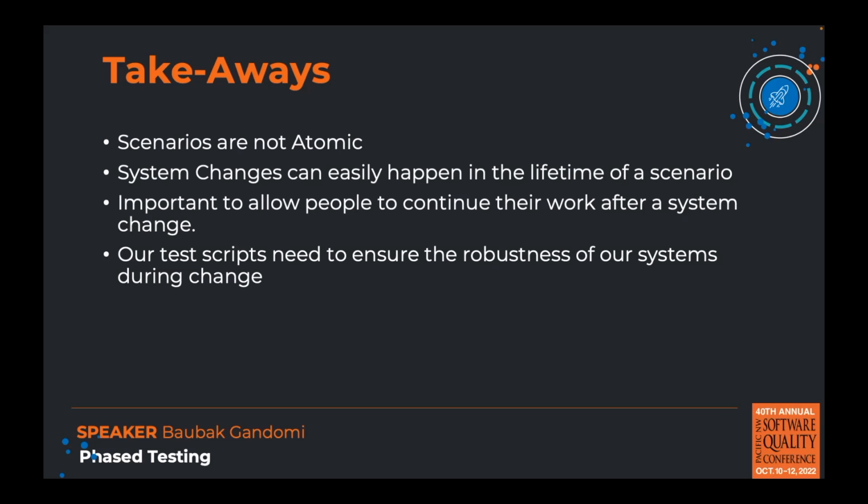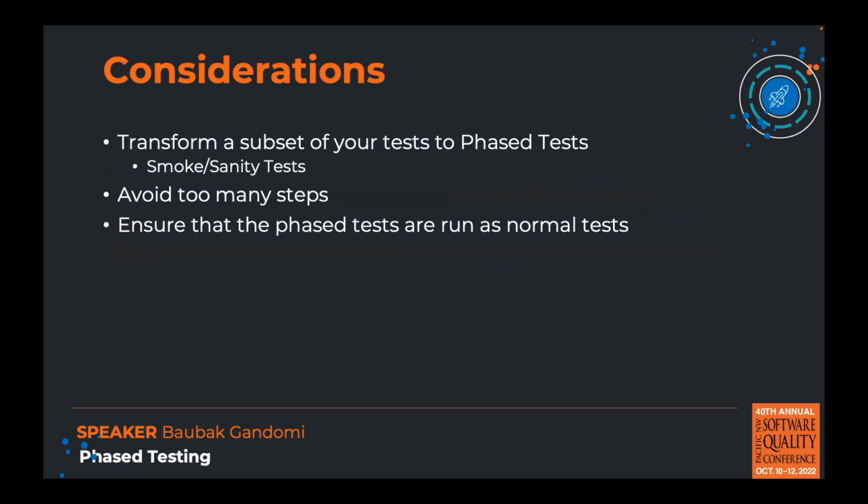We also think that it's important, basically, that phase tests allow us to make sure that people can continue what they were doing before the system change. There are a few considerations that need to be thought of. We're not saying that you should change all your tests.